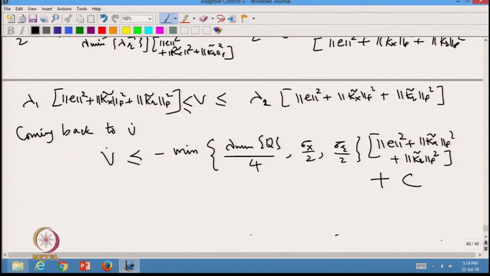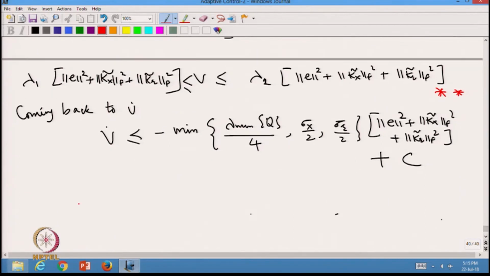So now we can use this equation number double star, and we can replace this term in the square brackets by something which is smaller than that, which is V over lambda 2. We see here that V over lambda 2 is smaller than the sum of squares of these error terms. So if we replace V over lambda 2 in place of these square brackets, we end up further upper bounding V dot.